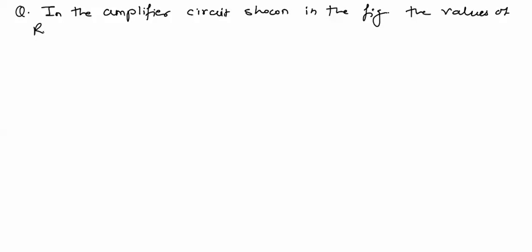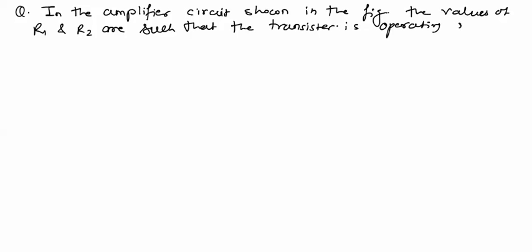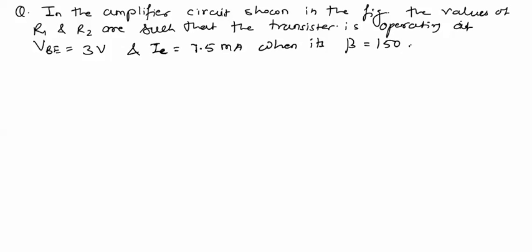In the amplifier circuit shown in the figure, the values of R1 and R2 are such that the transistor is operating at VB equal to 3 volts and IC equal to 1.5 milliamperes when its beta equal to 150.